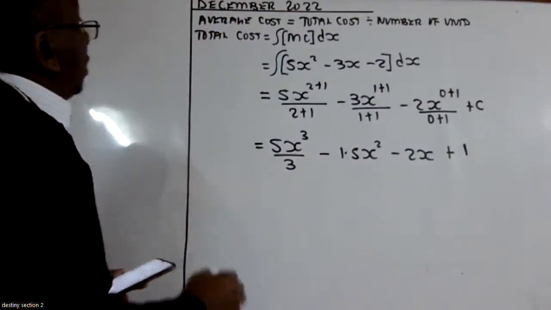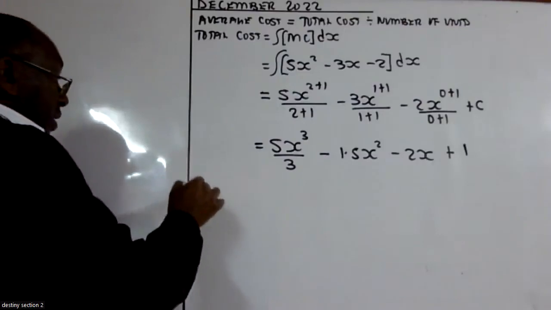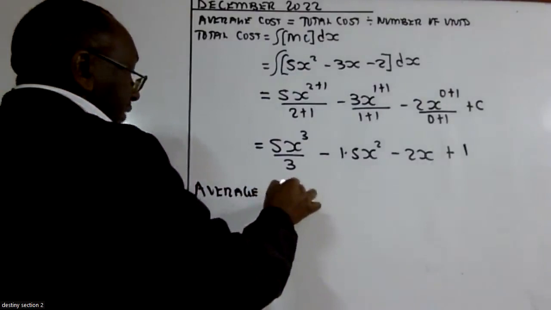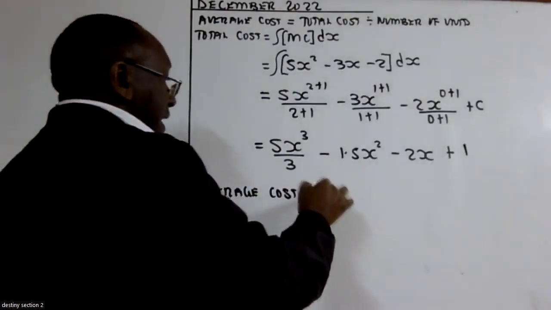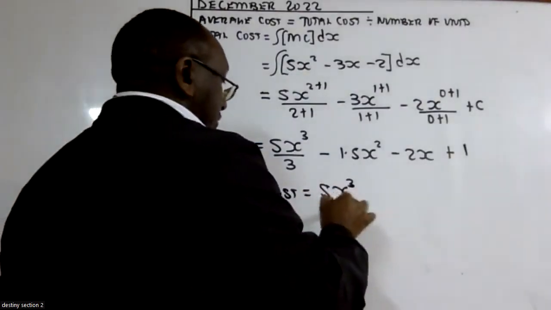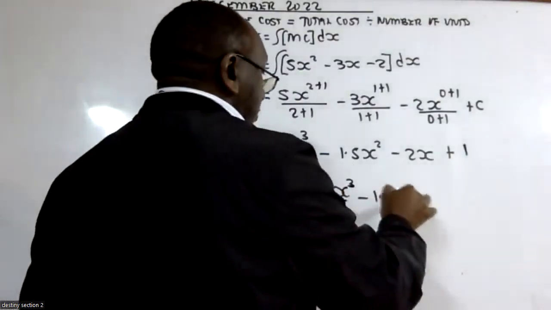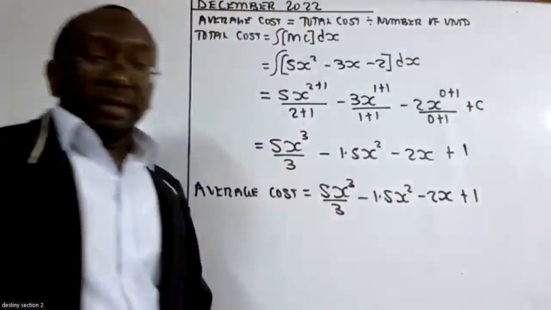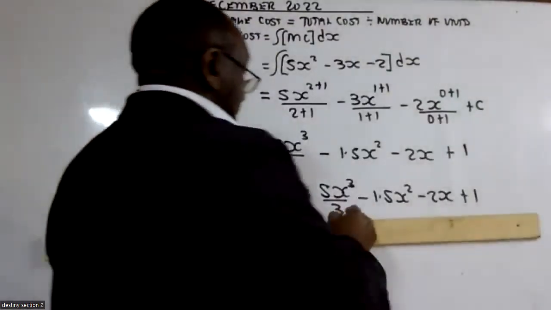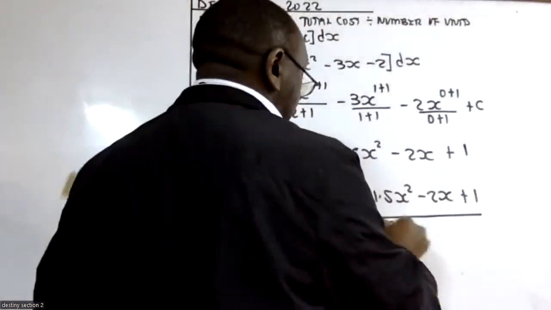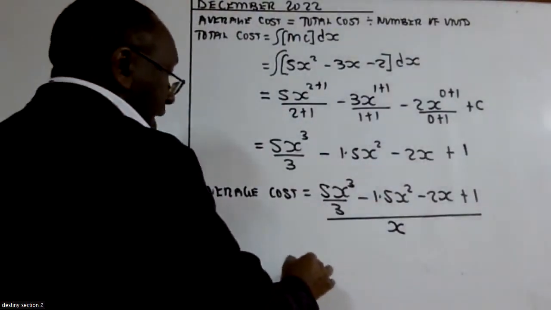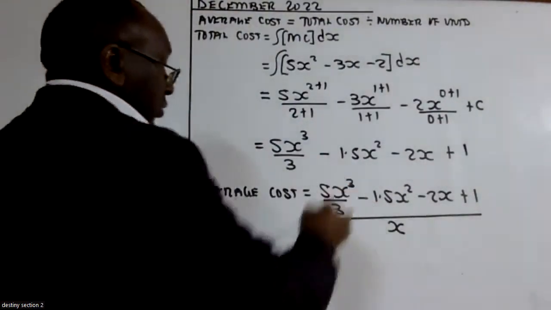total cost function. So the average cost will then be given as 5x cubed over 3 minus 1.5x squared minus 2x plus 1. Now the whole of this you divide by x. This will open up as this x cancels here.